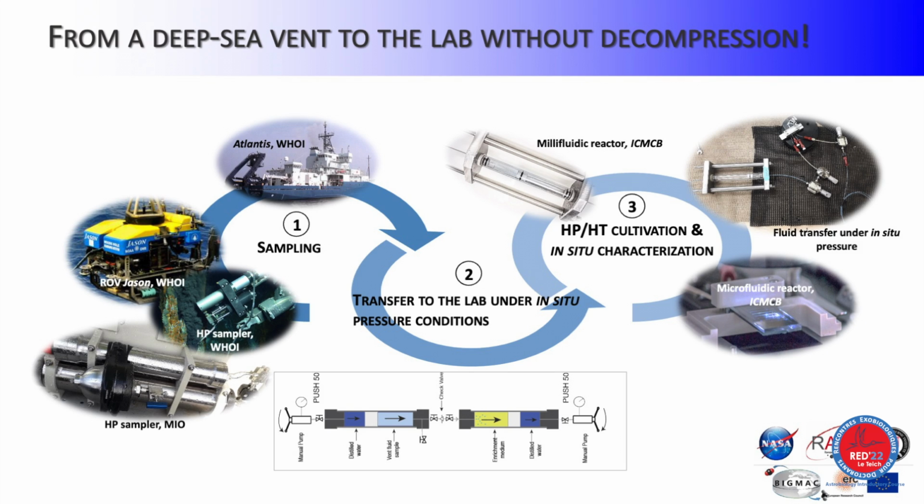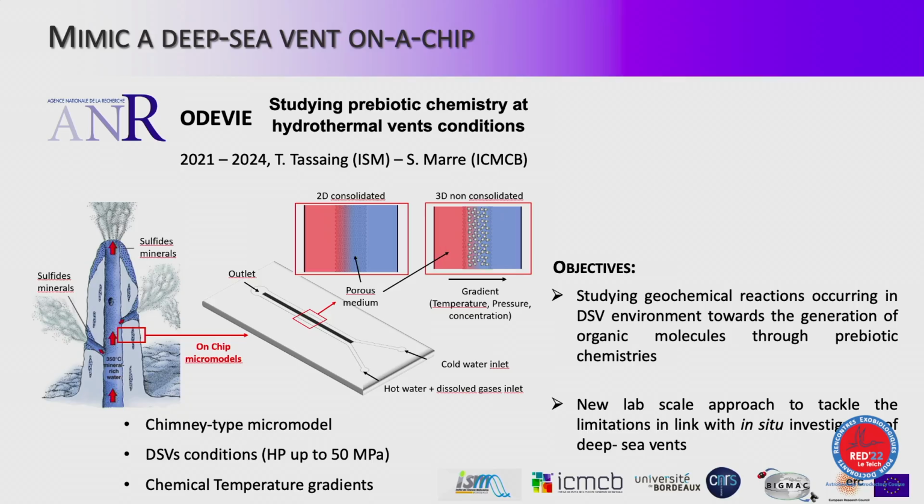We also developed in the lab some microfluidic chips. They are tiny microreactors that can hold the high pressure conditions, and you can look at them under the microscope. An example is to use those tiny chips to mimic a deep sea vent.